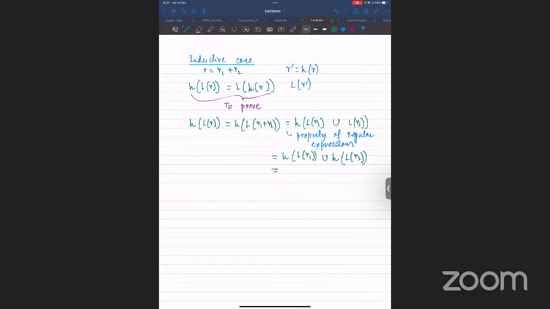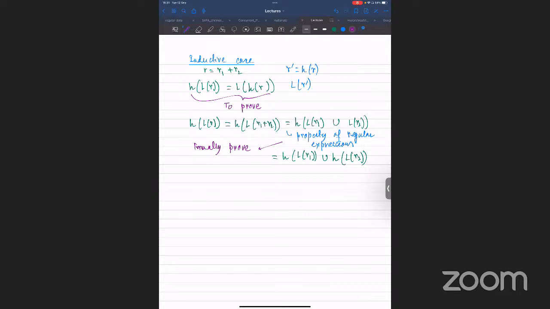Is it very easy to see, or do you want to formally prove this? It's not very difficult, but you can formally prove this. So let's work out this part.